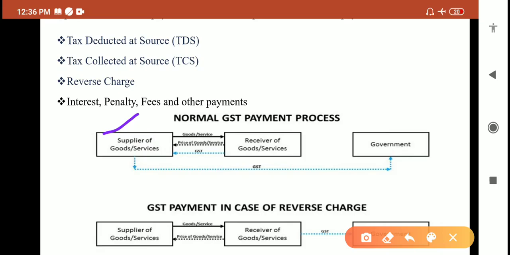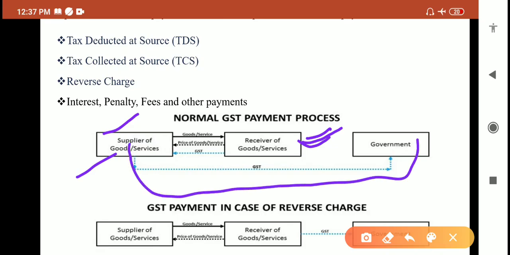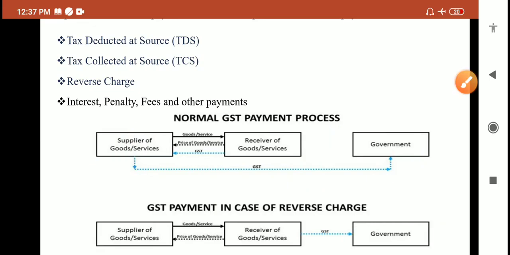So the supplier will collect the GST from the receiver. Goods are supplied to the receiver, the price of the goods and services is paid by the receiver, and the GST is also paid by the receiver to the supplier. Then that supplier will pay the GST to the government. So this is the normal GST payment.